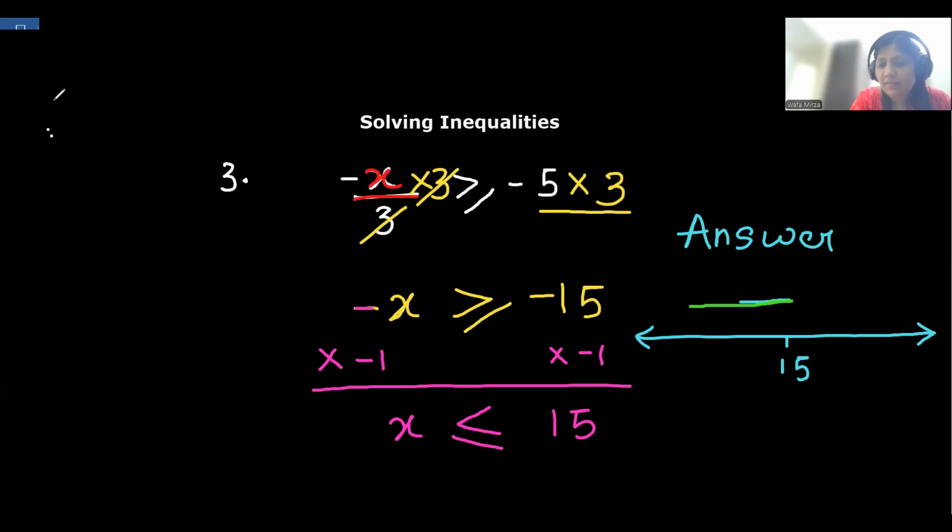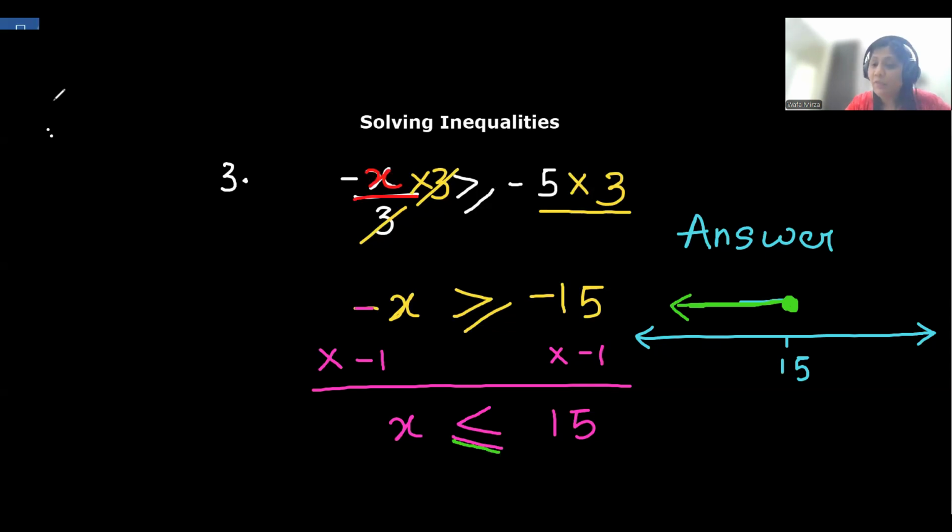Whenever it is the less than sign, you have to move towards the left side. And since it is equal to 15, therefore I will use a dark circle here. So whenever you have an equal to sign, you have to use a dark circle. Whenever there is no equal to sign, you will use an open circle.